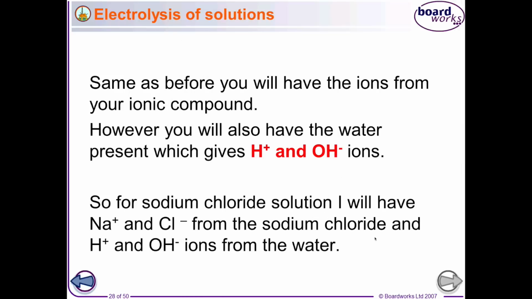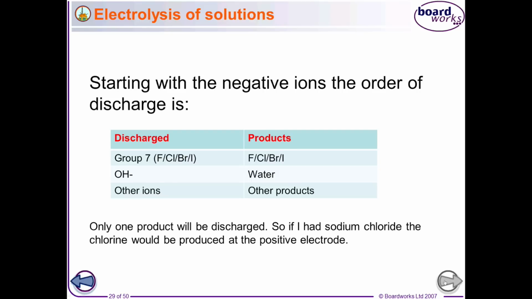Right, okay, so first of all, just take a little look at this. Starting with the negative ions, it's quite tricky. Because we've got two negative ions, they will both be attracted to the positive electrode. The thing is, only one of them will be discharged. So the order of discharge is very simple. If the ion is in group 7, fluoride, chloride, bromide, iodide, then they take priority over the water ions, which are OH-.